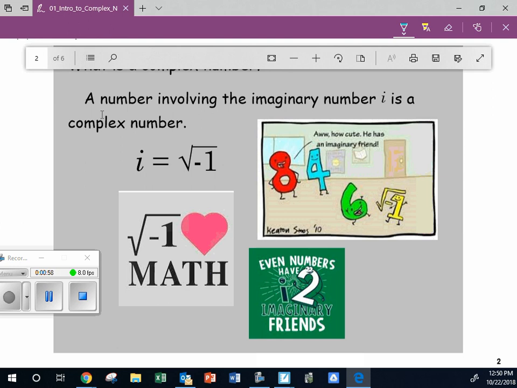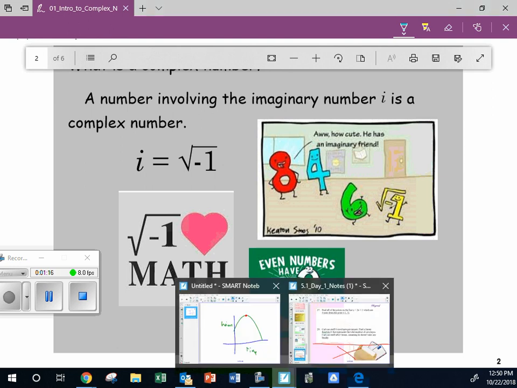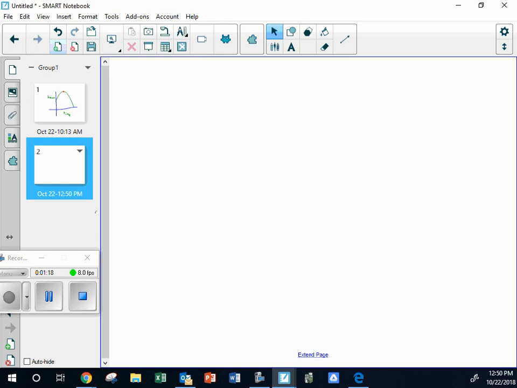What do you think you get if you have a number that's part real and part imaginary? It's complex. That's a complex number. So every number is actually part real and part imaginary. Even the number 2.